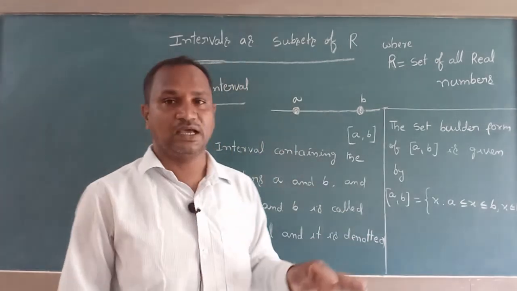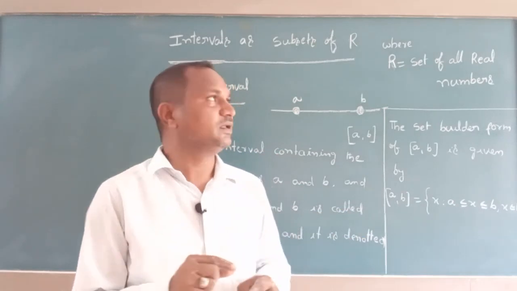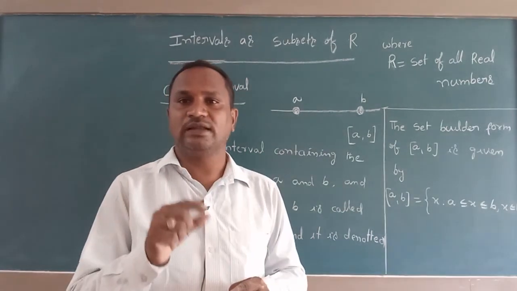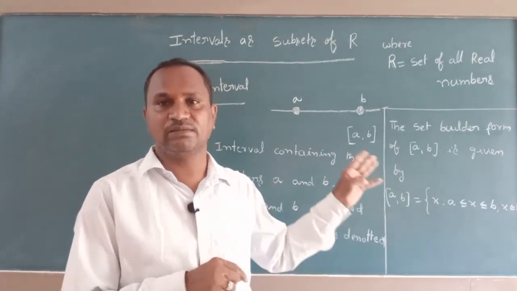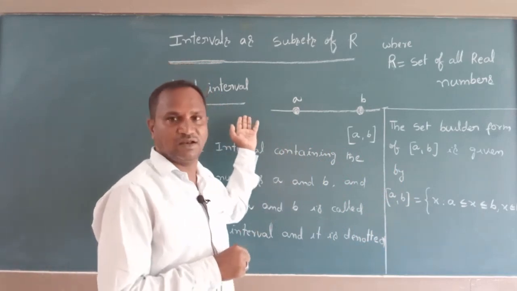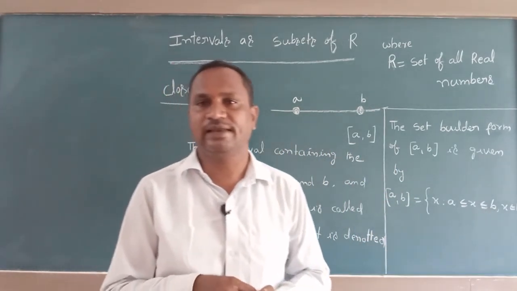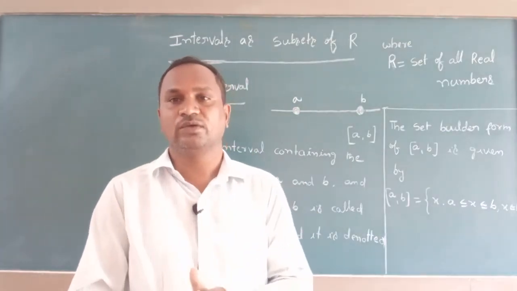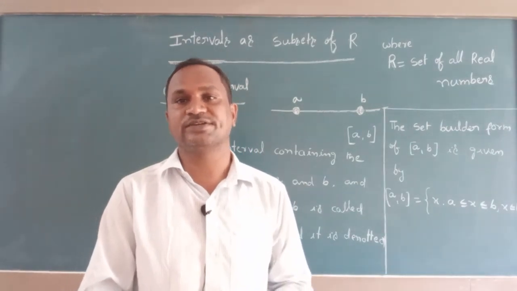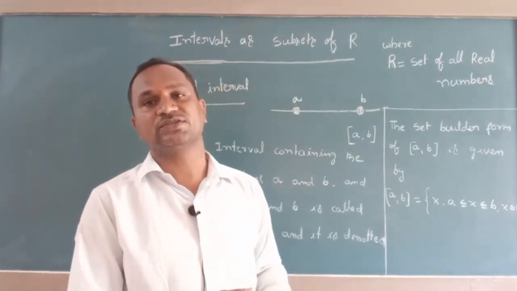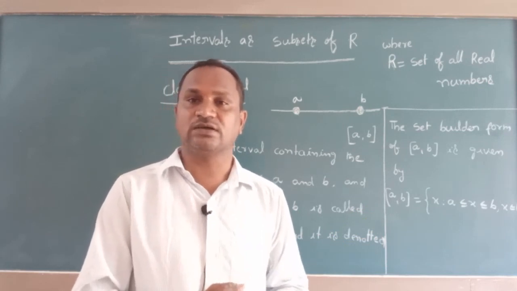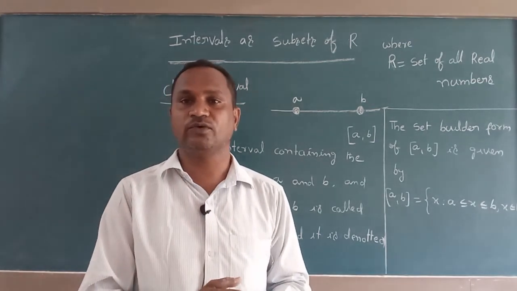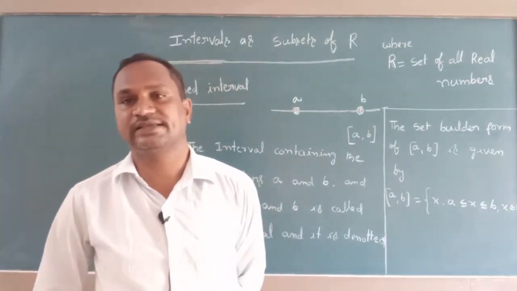Afterwards I have given intervals as subsets of the set of all real numbers, and for those I have given closed interval, next open interval, next half closed, next half open. Like that we'll discuss all the important points of these intervals, and after completion of those I'll give you definitions of universal set and power set also. After that I am going to solve the problems from exercise 1.1.